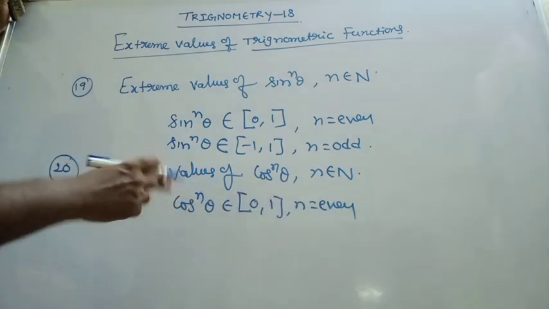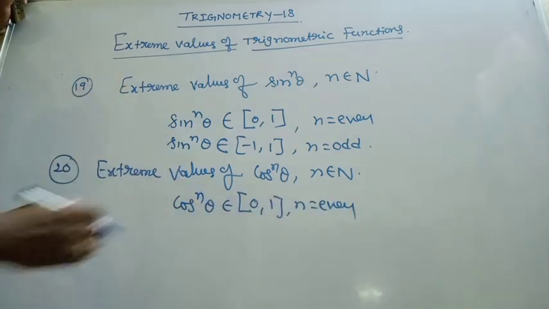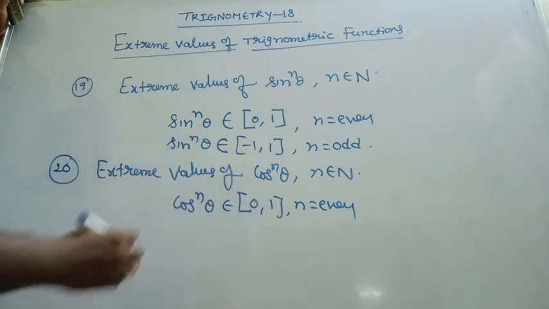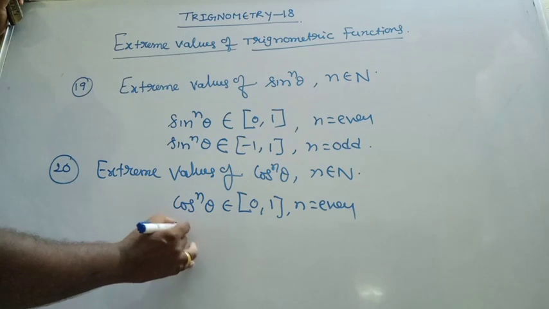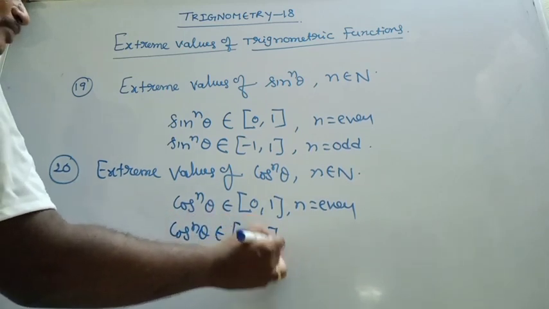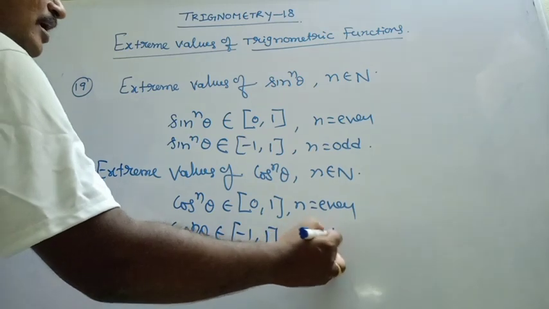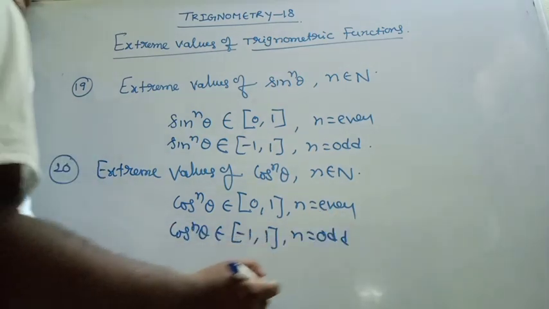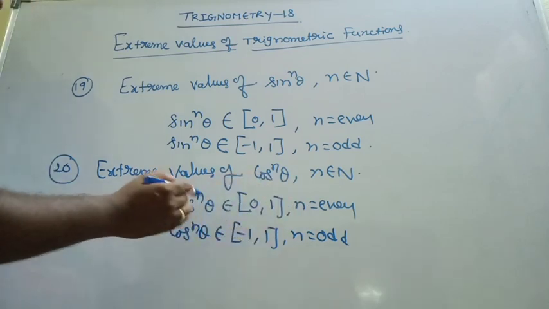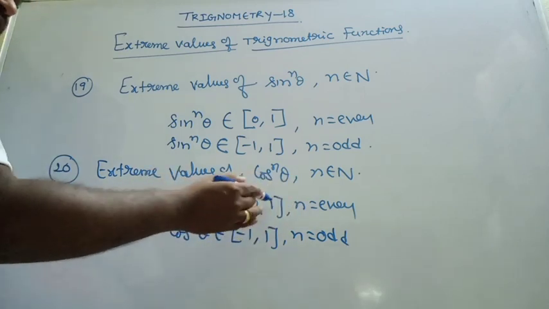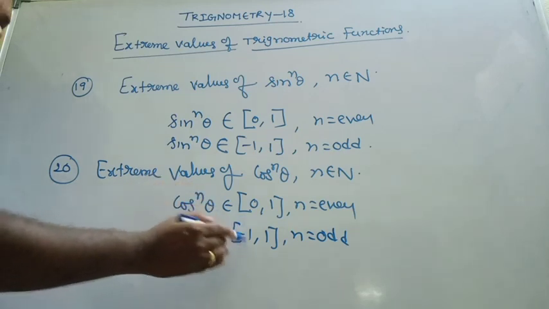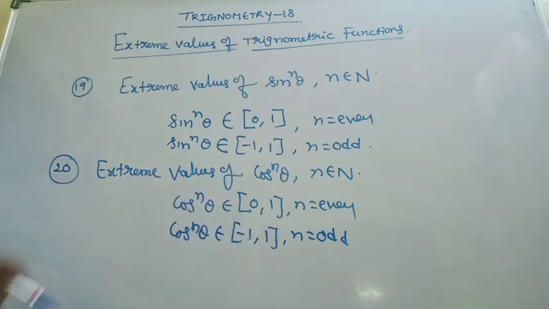We have observed that cos square theta or cos power 4 theta belongs to the closed interval 0 to 1, and cos power n theta belongs to minus 1 to 1 when n is odd. Therefore, when n is even, the minimum value is 0 and the maximum value is 1. When n is odd, the minimum value is minus 1 and the maximum value is plus 1.